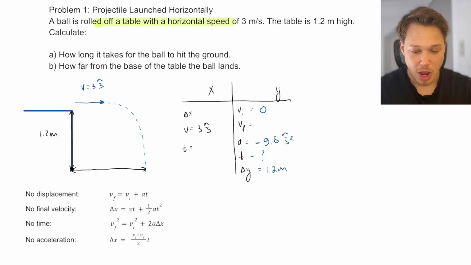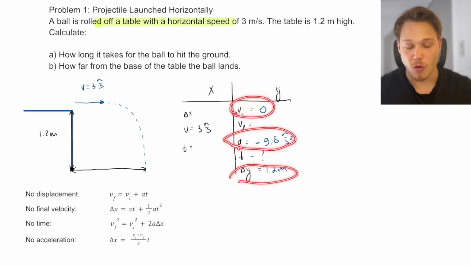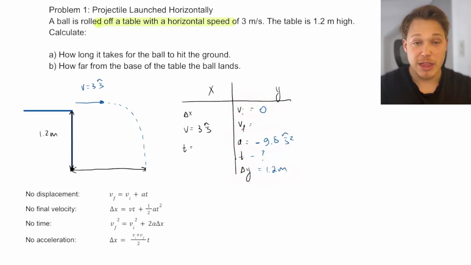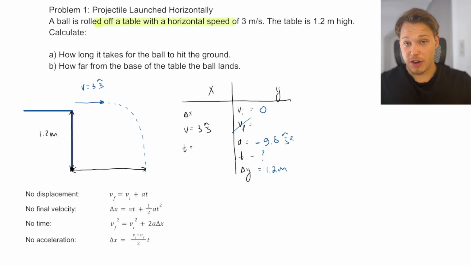So right here, we have 3 variables, and we always need 3 variables to solve for the 4th one in the y direction. The variable we don't care about in this context is final velocity. So based on the variable I don't care about, which is the final velocity, I will pick the second equation right here. Delta x, or in this case, delta y, is initial velocity times time plus 1/2 a t squared.